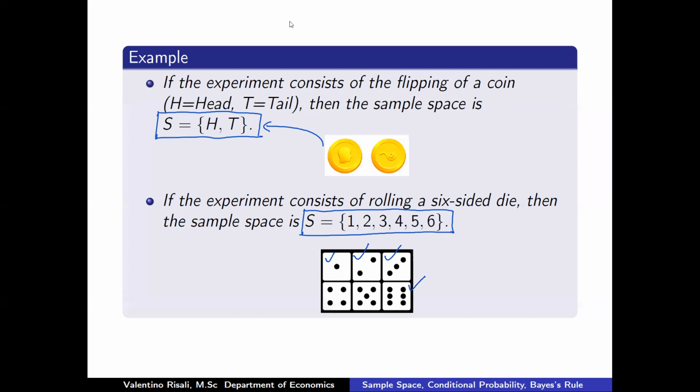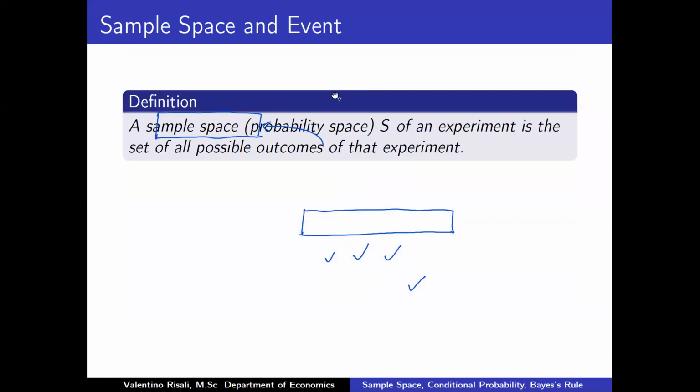Do you have any question for our simple example? In conclusion, a sample space is a set that consists of all possible outcomes. So we must list all possible outcomes of that experiment.